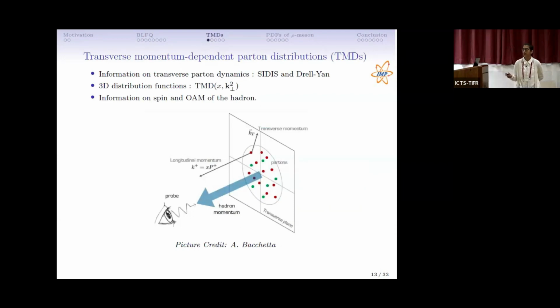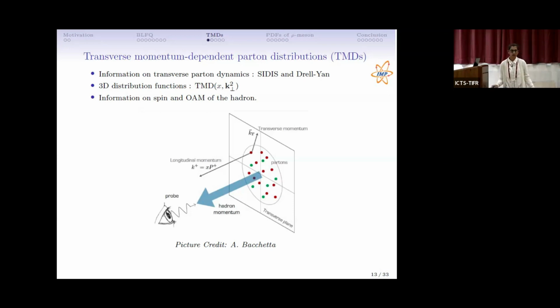The transverse momentum dependent parton distribution functions provide information about the transverse dynamics and can be accessible through SIDIS and Drell-Yan processes. These are three-dimensional functions that depend upon the longitudinal momentum and the transverse momentum of the parton.